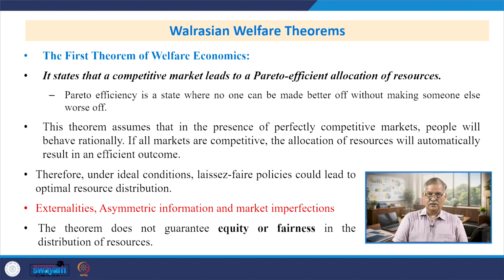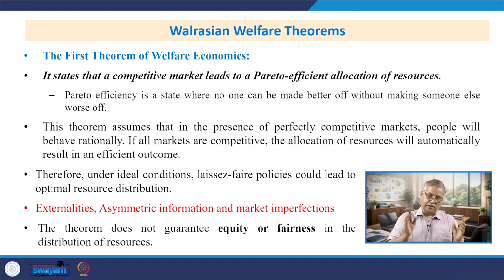Second, asymmetric information: both customers as well as producers do not have complete knowledge about the market, the costs and returns, etc. And third, real markets have distortions, such as monopoly. So if all these things are excluded and the market is freely working, then Pareto optimality can be achieved.